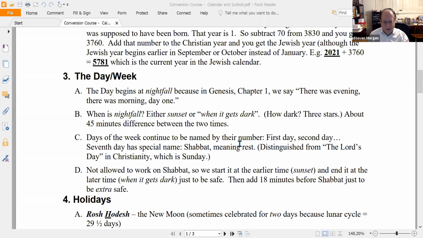Because for them, it's the Lord's Day. They believe that that's the day that Jesus arose. And there's also a theological idea that if 7 days represents the creation and this world, then Sunday is not only the 8th day, but it's the first day of the new world, right? So it represents the new order. So in Christian theology, they wanted to make Sunday the major day, but everybody agrees that Shabbat, the Sabbath, is Saturday.